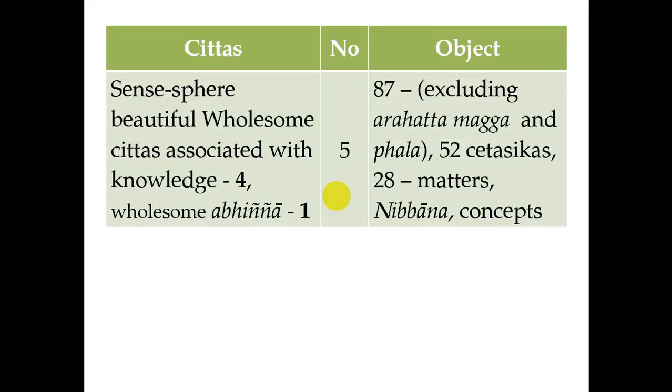So here the five chetas have as their object 87 chetas, excluding the two chetas, Arahata Magga and Arahata Phala, and the 52 chetasikas that associate with the 87, and also Nibbana and concept.